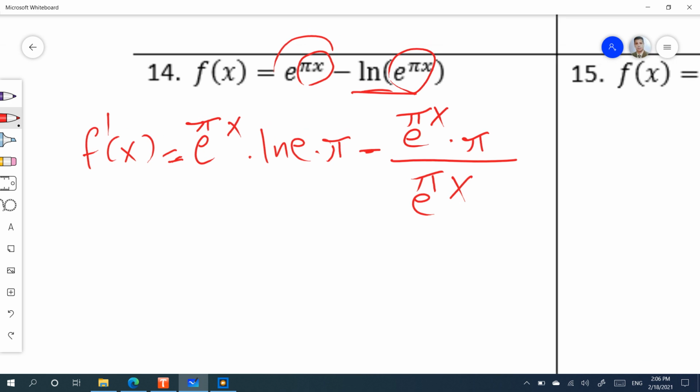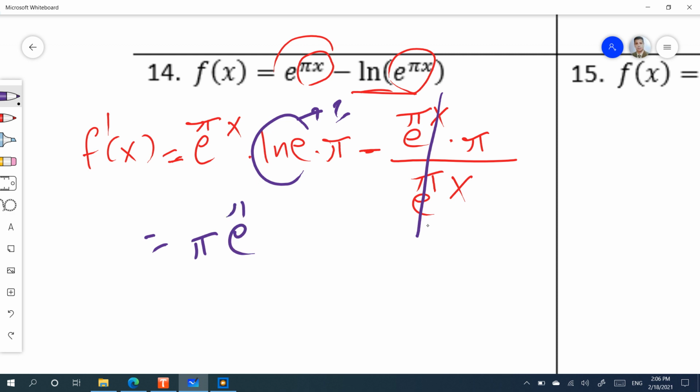Therefore to simplify this function, because the exponential or e is always equal 1, this function equals pi exponential pi x minus pi. Okay, because this cancels with the other.